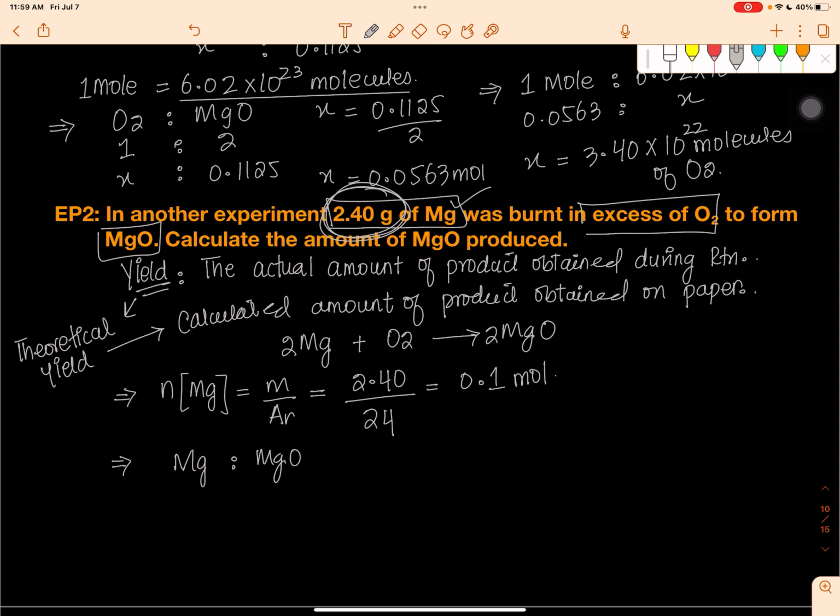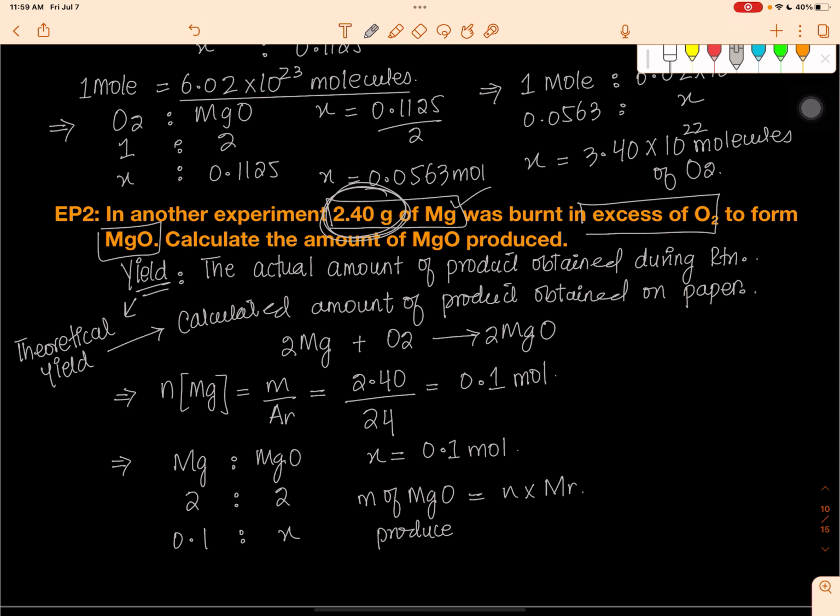This means that if I do the ratio magnesium to magnesium oxide, 2 moles are producing 2 moles, so 0.1 will produce how much? That is X. This means that X is equal to 0.1 mole. If we give our answer in grams, then mass of magnesium oxide produced is equal to number of moles times MR, since magnesium oxide is a molecule.